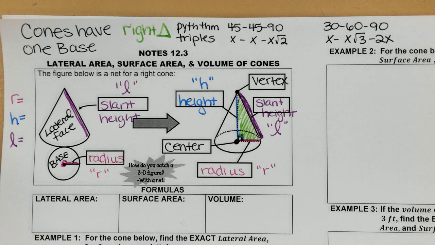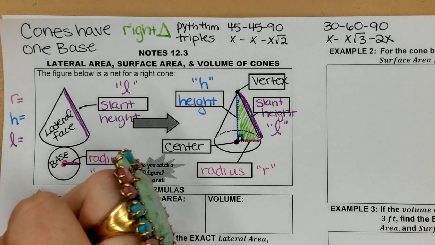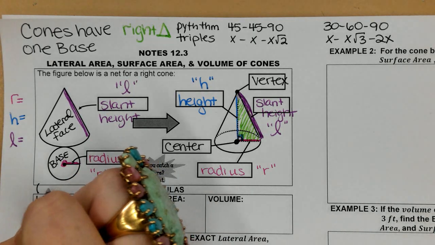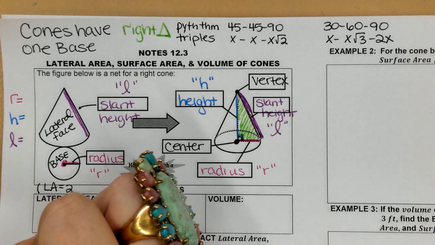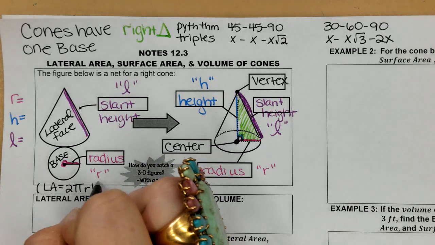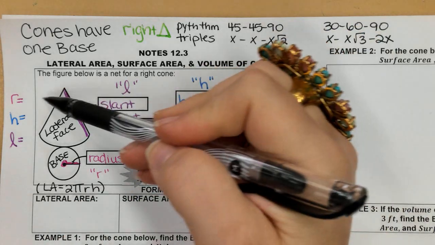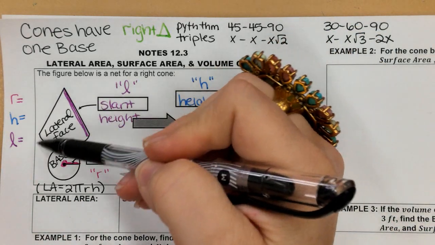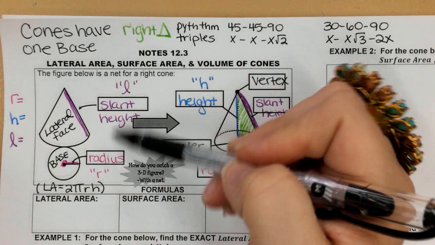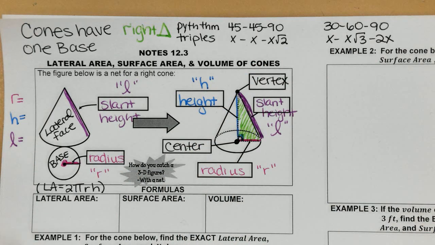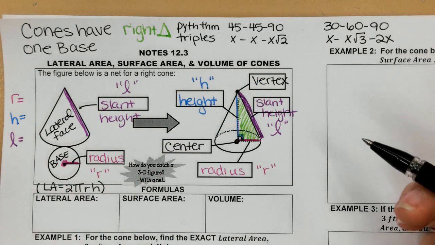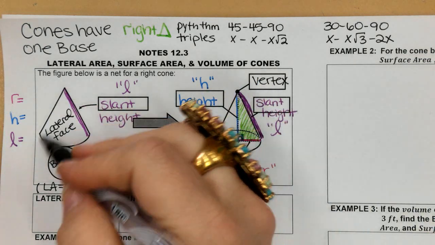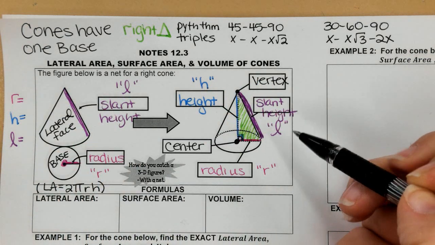So our lateral area formula before for the cylinder was 2 pi r h. But now, instead of having a rectangle that's going around, we have a triangle at the top. And so that ends up creating basically half of a rectangle.